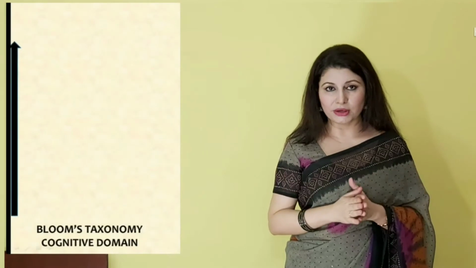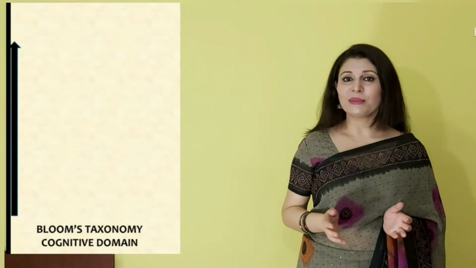NCERT has worked and adapted Bloom's taxonomy with some modifications to suit the Indian situation. It has clearly mentioned the cognitive, affective and psychomotor domains with their instructional objectives as well as specifications.